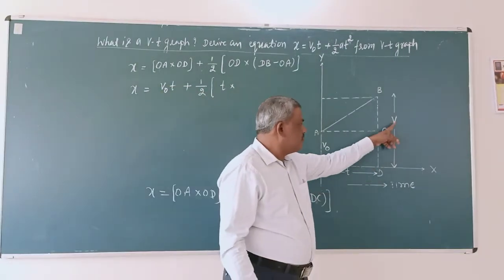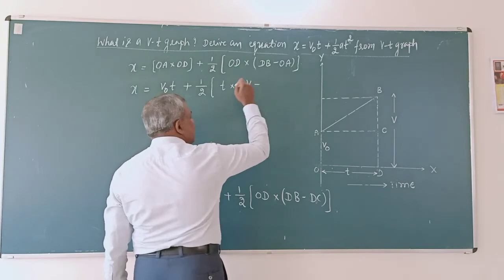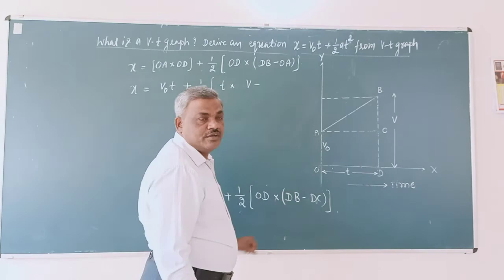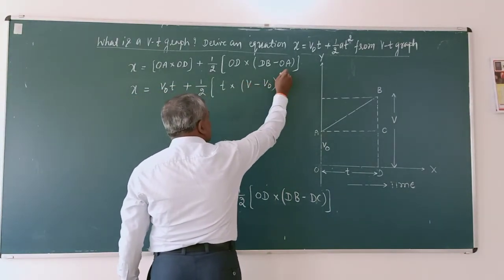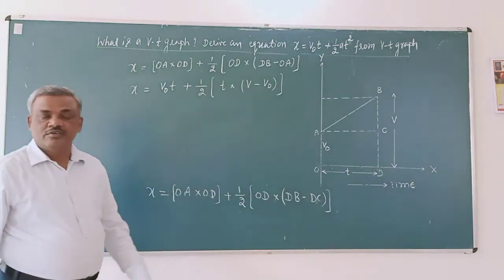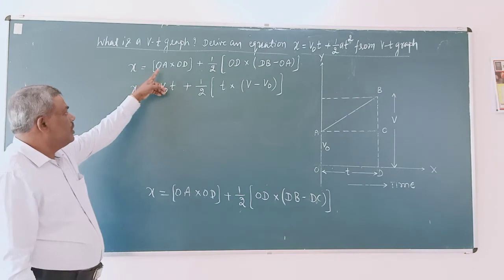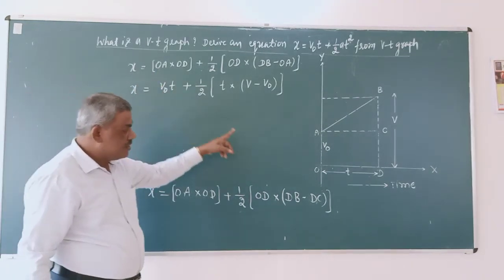DB equals the final velocity v minus OA, the initial velocity v naught. Friends, I am telling one more time: OA is the initial velocity in the graph, v naught; OD is the time.